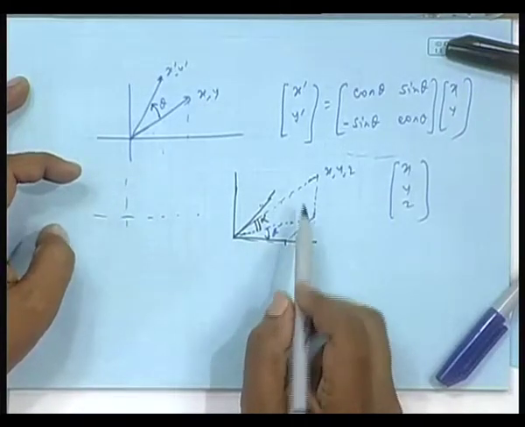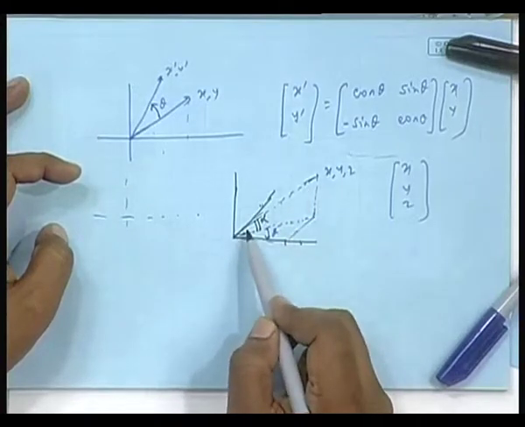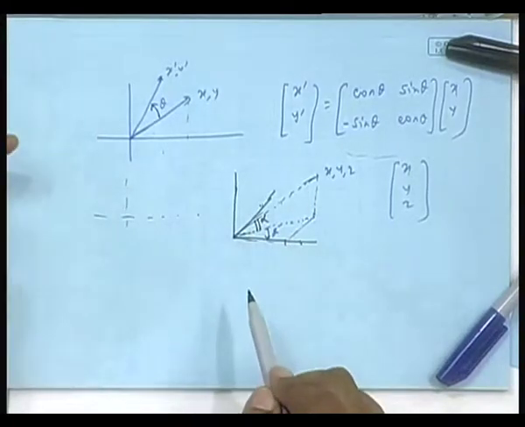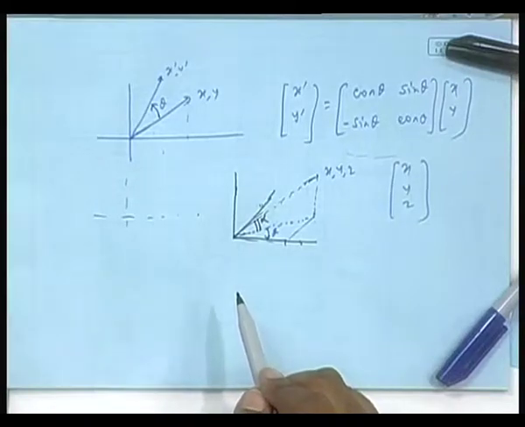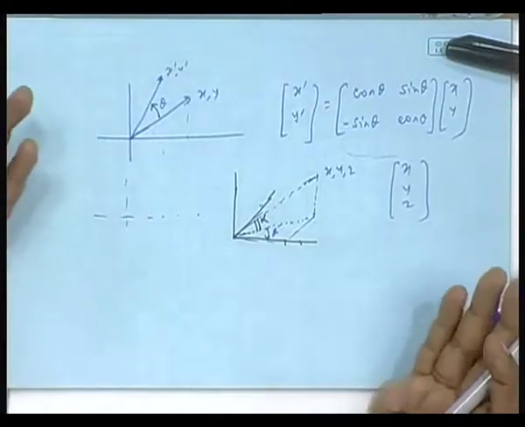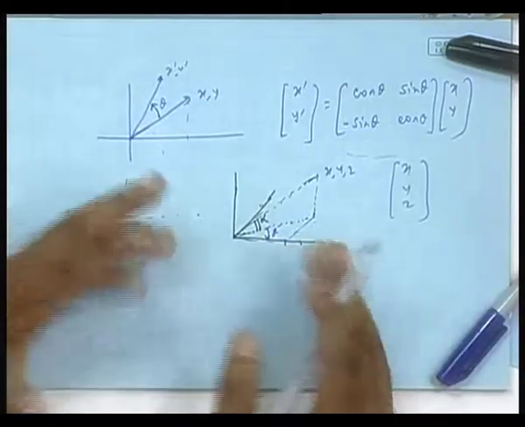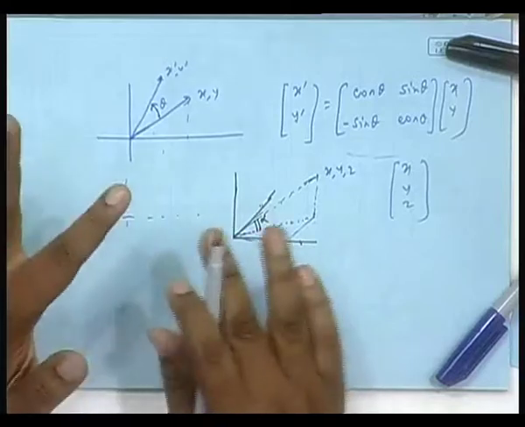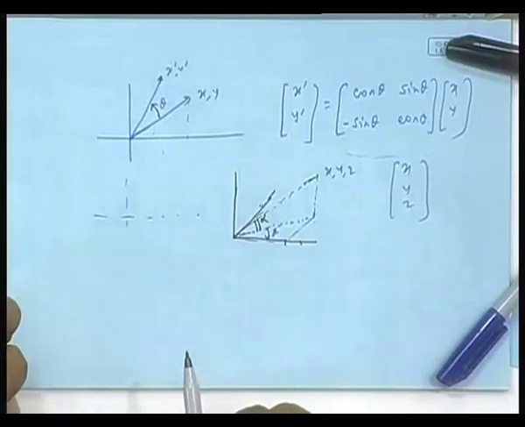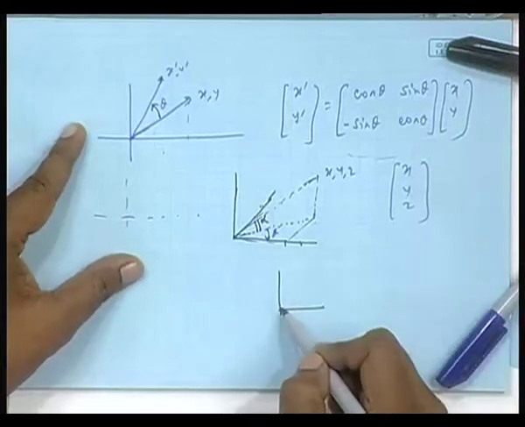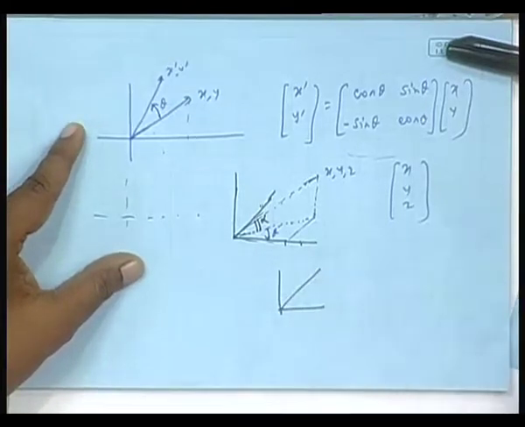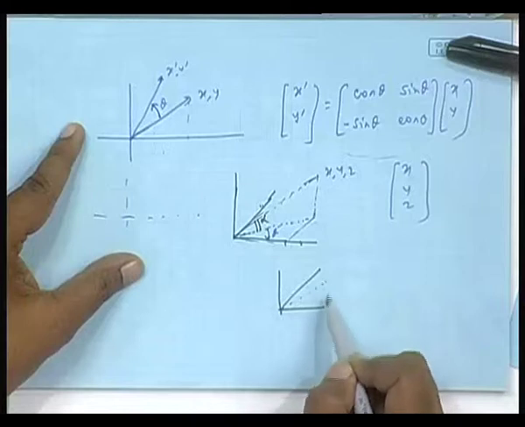And therefore, this particular line will be in the x z plane then. So, it will be like this, this is this, and this fellow will come in the x z plane.